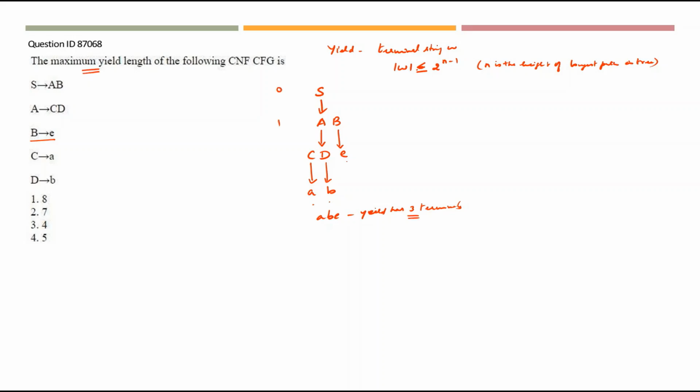Height 0, height 1, height 2, height 3. So n will be equal to 3. Let me substitute n here, 3 minus 1. So this will be 2^2 and this will give 4. The maximum yield length of the following CFG will be option number 3, 4. So the tree is nothing but the parse tree here.